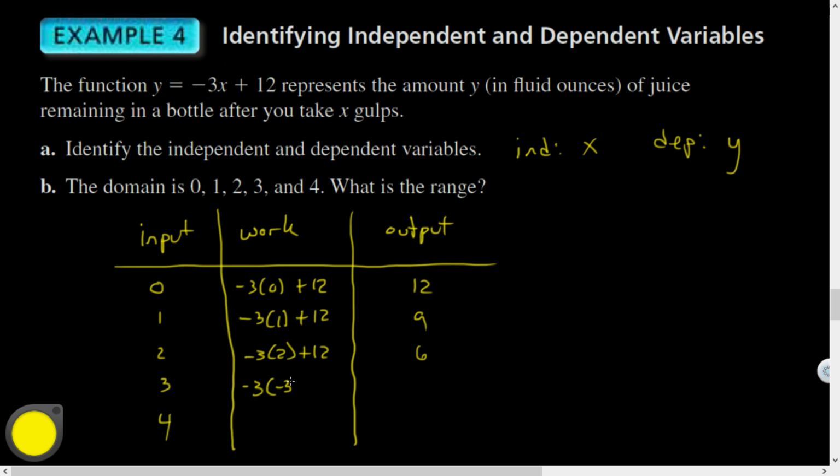Negative 3 times 3 plus 12. That's negative 9 plus 12. 12 minus 9 is 3. And 4 gulps, negative 3 times 4 plus 12. That's negative 12 plus 12, that's 0. So what do you guys think the range is here?